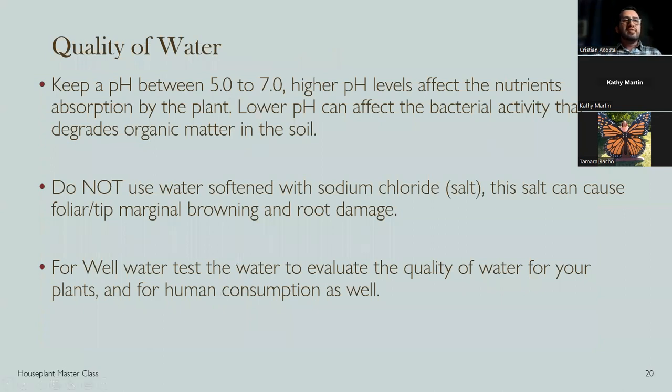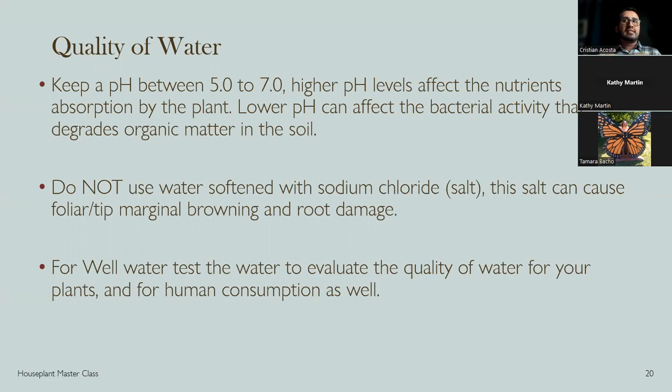And about the quality of water, in these areas we usually have more basic or hard water, with a higher pH rather than a lower pH. So why is this important? pH is about the concentration of hydrogen in the soil. And this is important because it can make the nutrients available or not available for the plants.